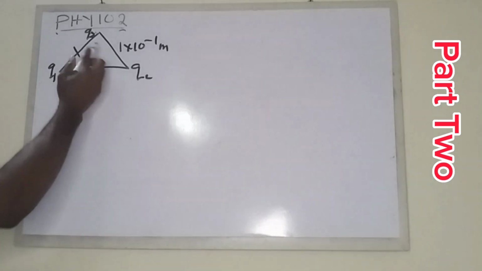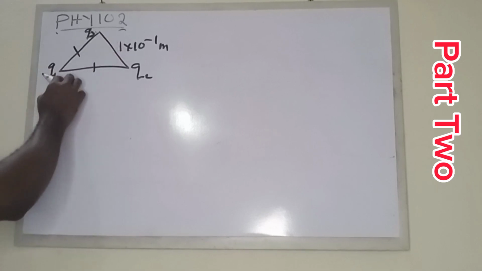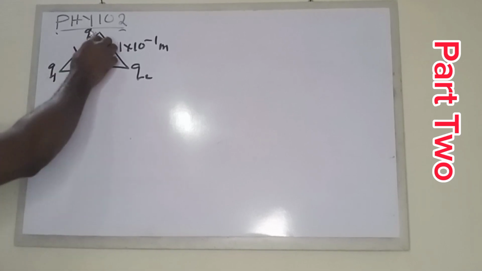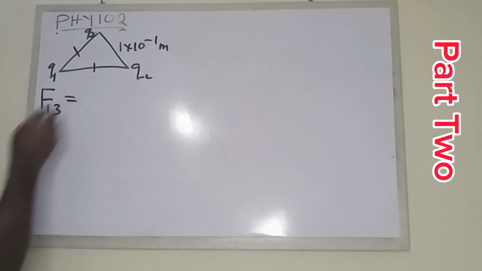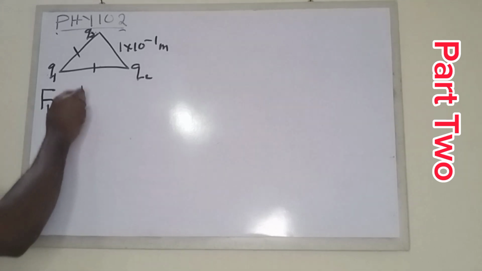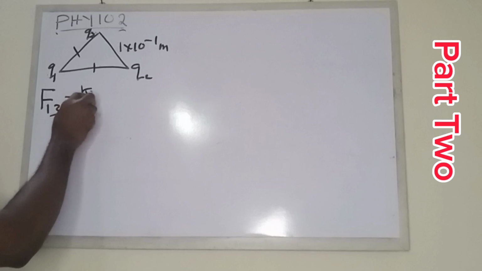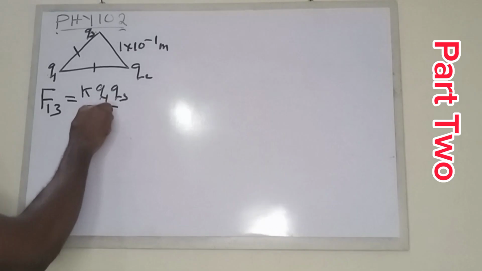Then our force, the force between Q1 and Q3, which we write as F13. So we have F13 equals K Q1 Q3 over R squared.